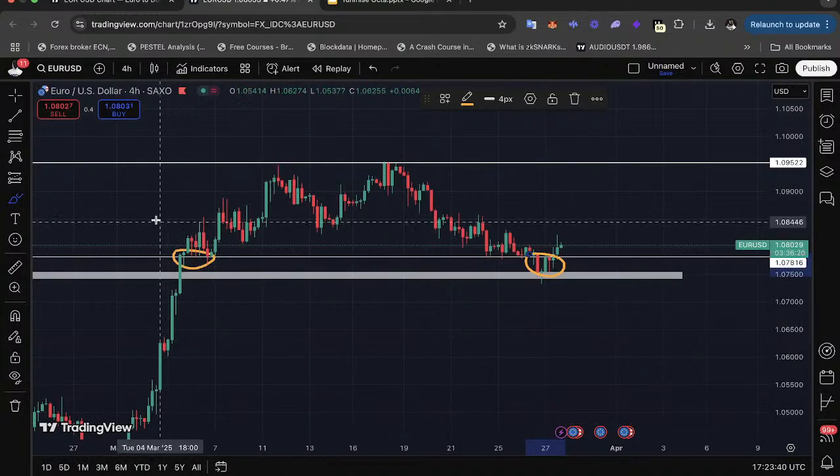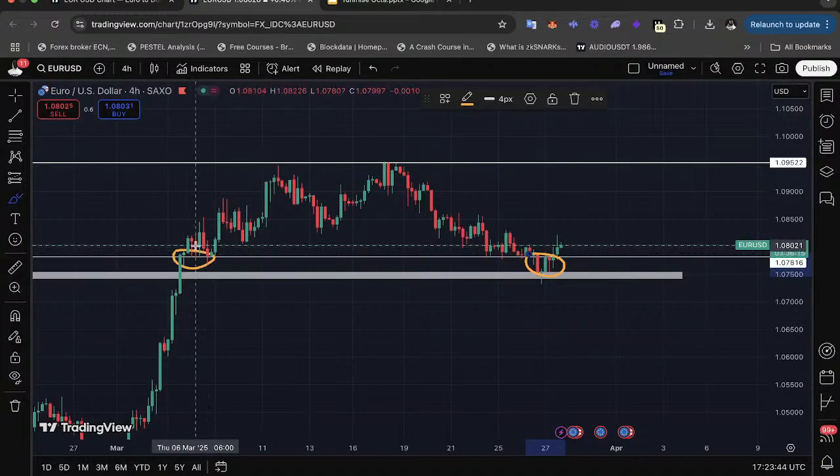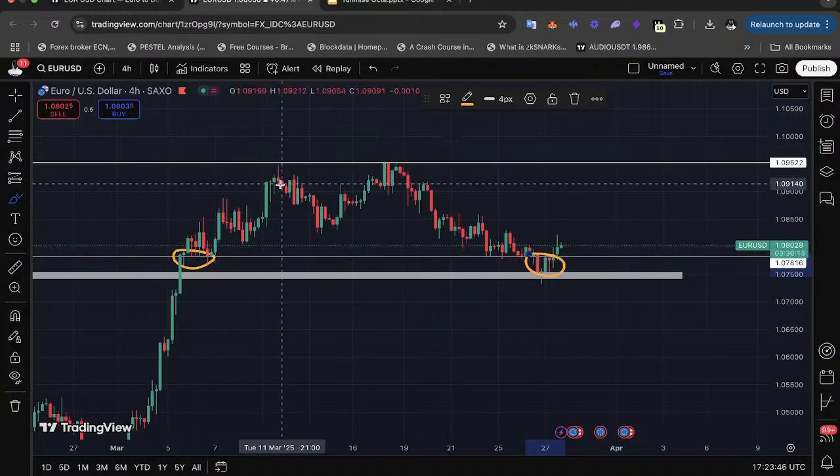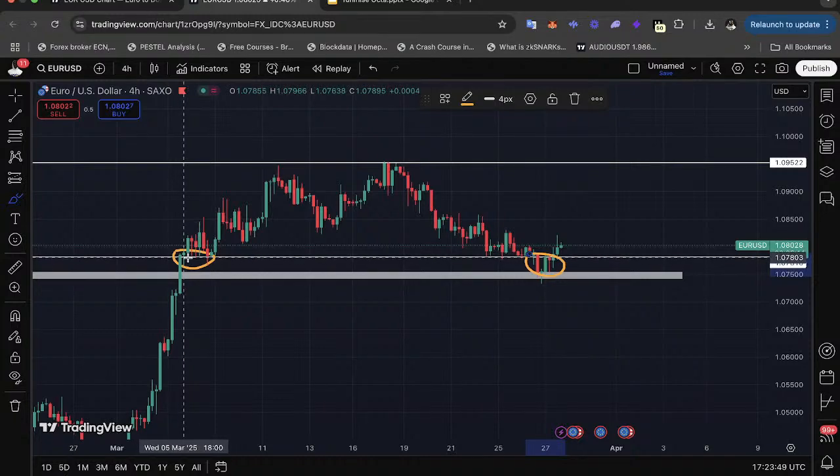Now you can see how price consolidated here before pushing back up, and how this level acted as a minor support zone. Now you can see how price broke down into that level at this place, consolidated and pushed out of that support zone, out of the resistance zone.